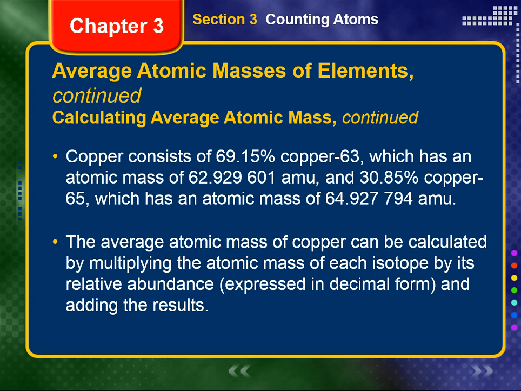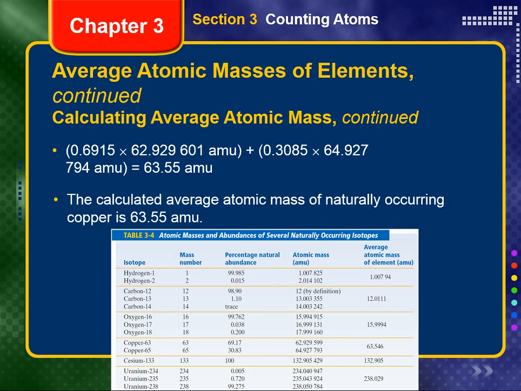64.9277793 AMU. The average atomic mass of copper can be calculated by multiplying the atomic mass of each isotope by its relative abundance, expressed in decimal form, and then adding the results. The calculated average atomic mass of naturally occurring copper is 63.55 AMU.